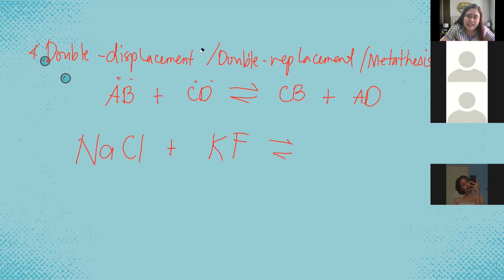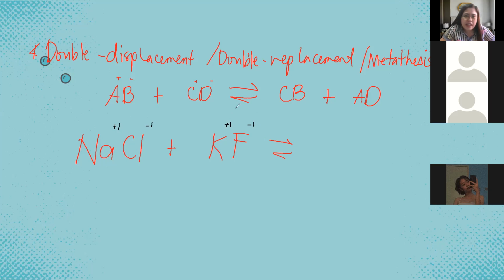So when we exchange partners, the first thing we do is identify the cation and the anion, which is positively charged and which is negatively charged. So isn't sodium positive 1? Look at your periodic tables. Chloride is negative 1. Potassium is positive 1. It's located right below sodium. And then fluorine is negative 1.